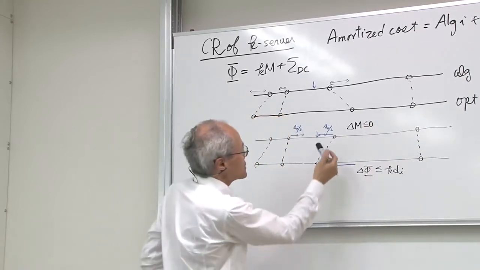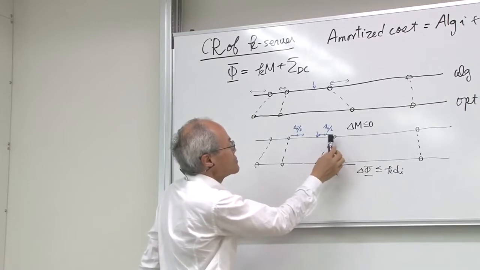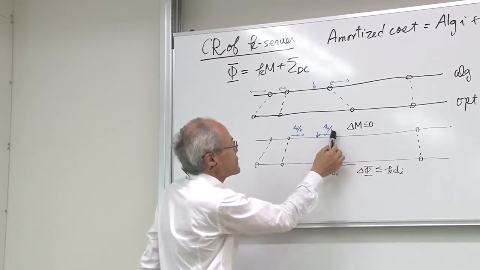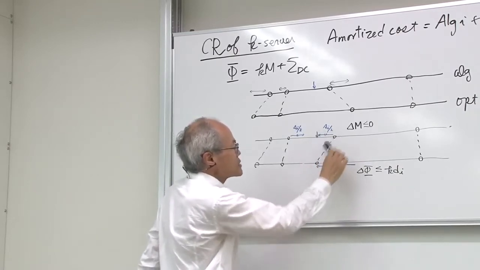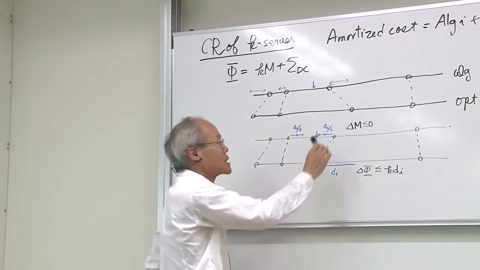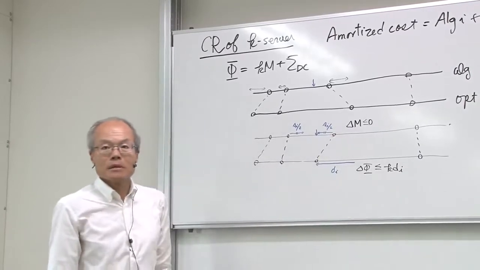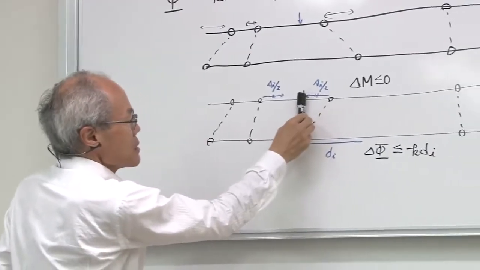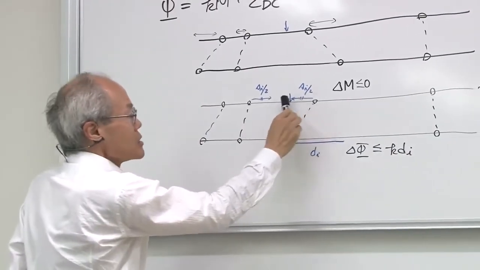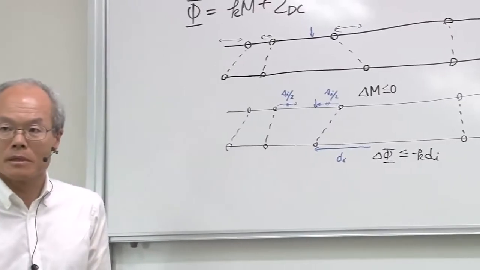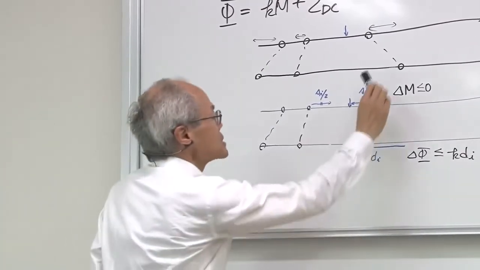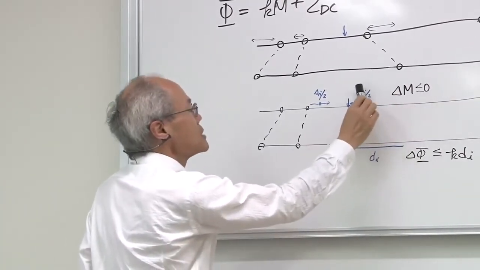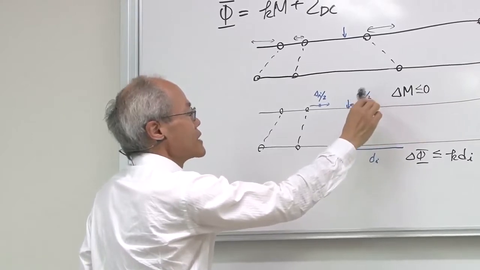It's pretty easy: by moving from here to here, this matching decreases exactly this value, di over 2.